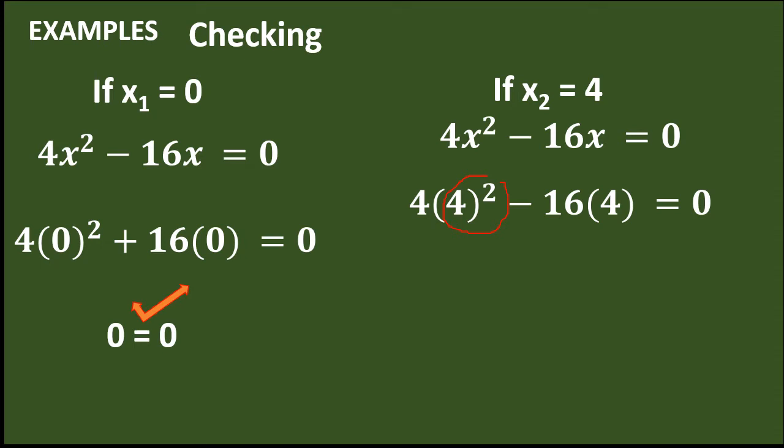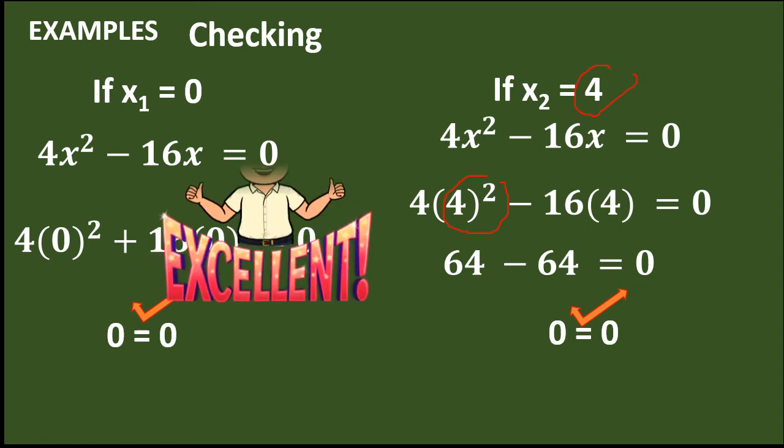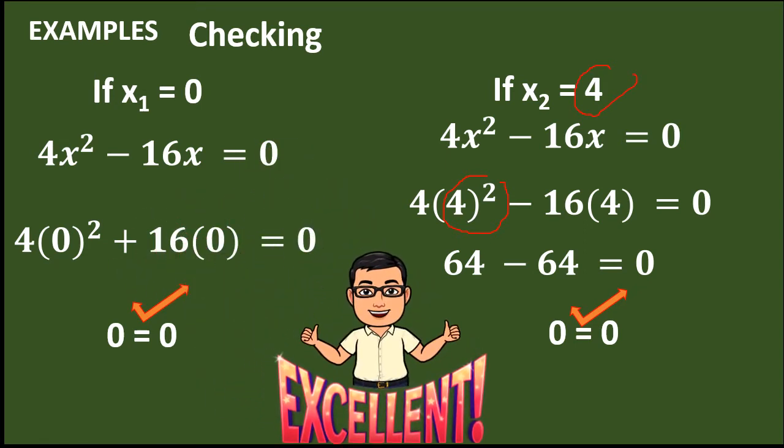So we have 64. Negative 16 times 4, negative 64. So 64 minus 64 equals 0. Okay, they are equal. So meaning we can accept 4 as a solution to the quadratic equation 4x squared minus 16x equals 0. Again, the solutions are 0 and 4.